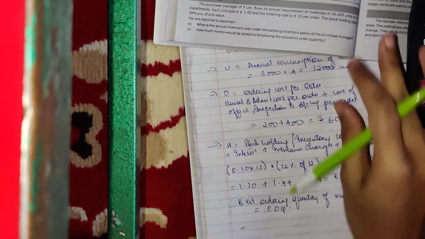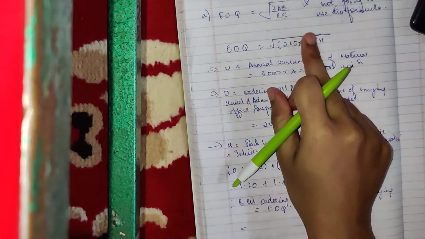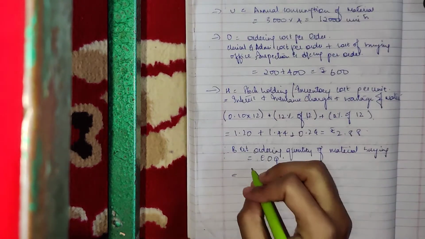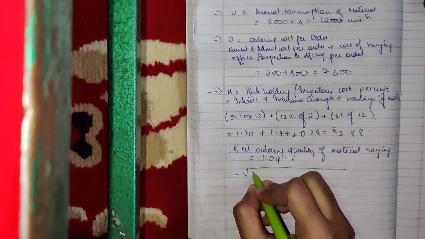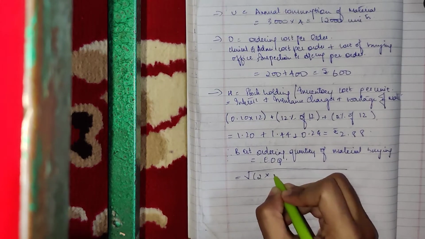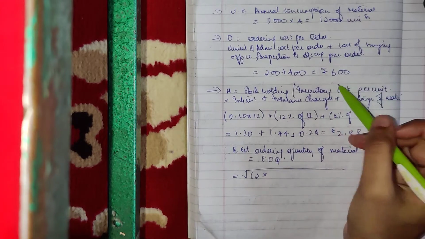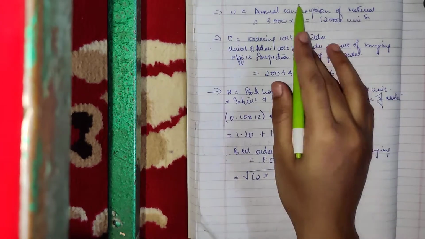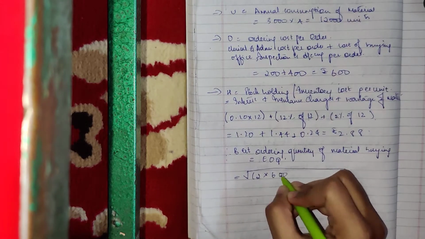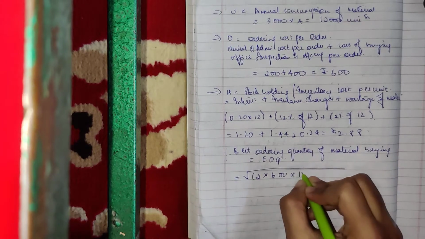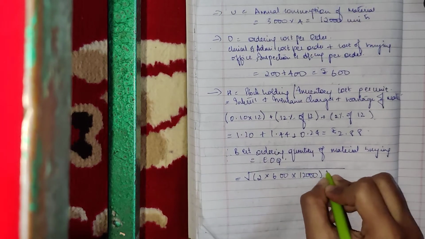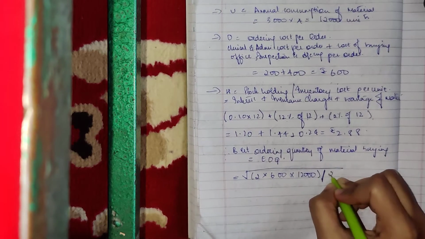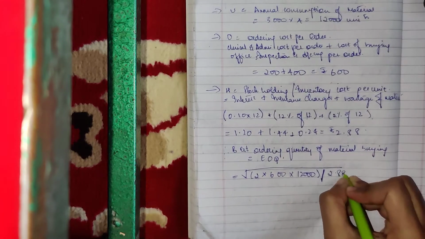You need to substitute all of what we've calculated in this formula, that is root of, open brackets, 2 into 600, that is O, into 12,000, close brackets, the whole thing divided by 2.88.